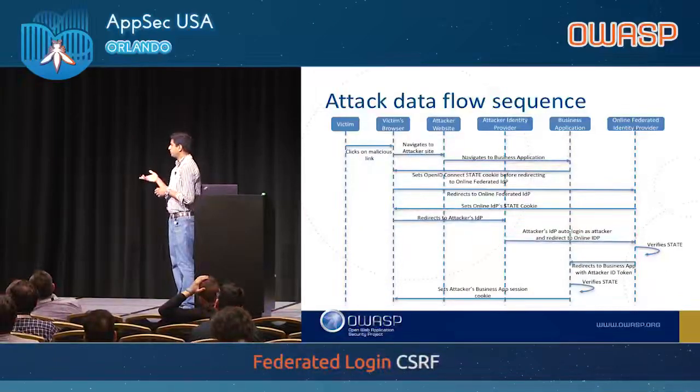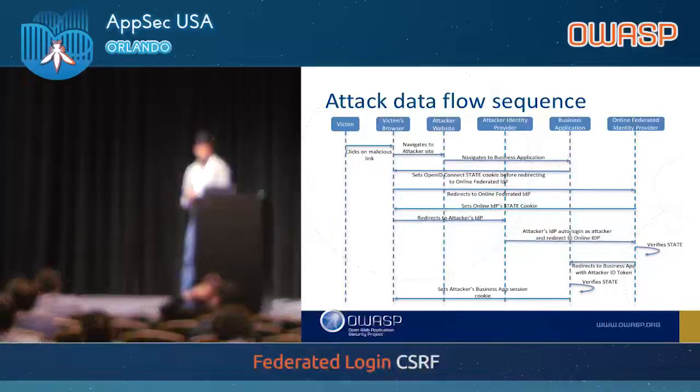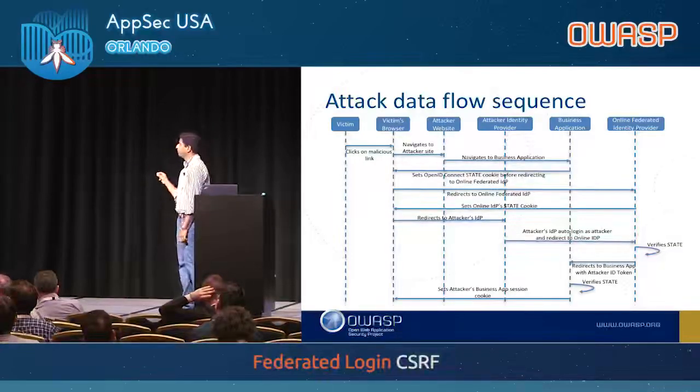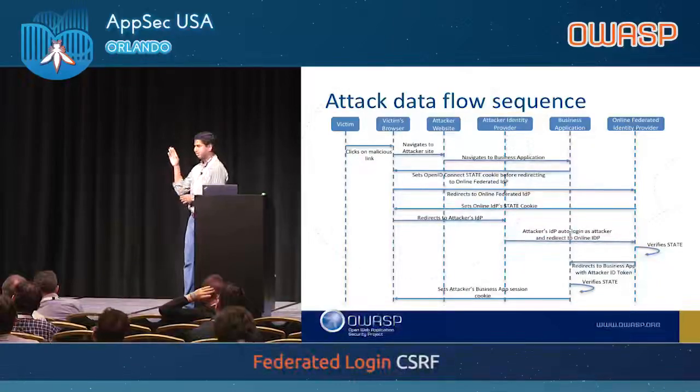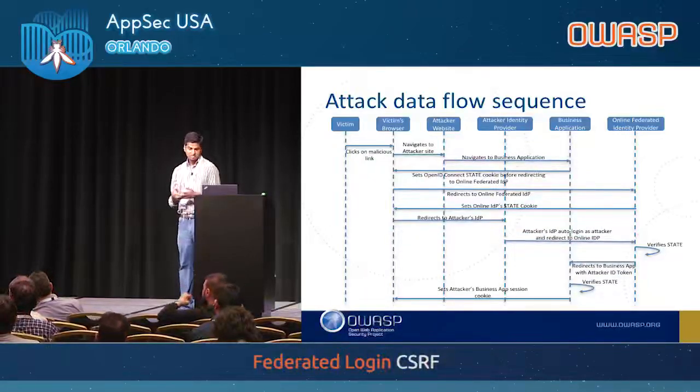In the OpenID Connect flow, it also implements a recommended state parameter in a cookie and redirects to its trusted federated identity provider. So now the browser navigates to the federated online identity provider, where the online identity provider sees that there is no user logged in.